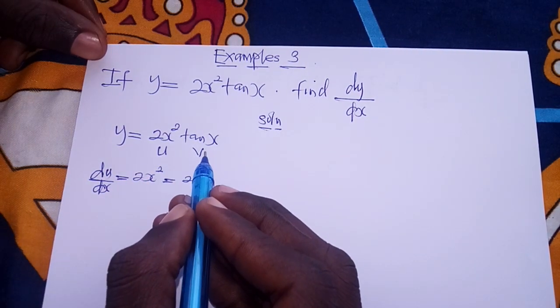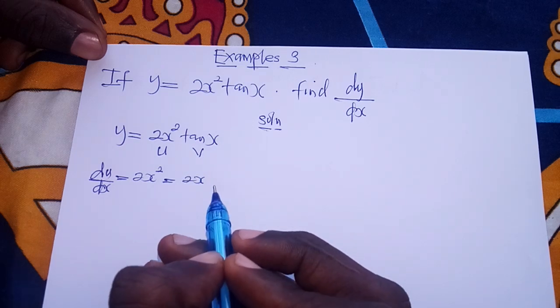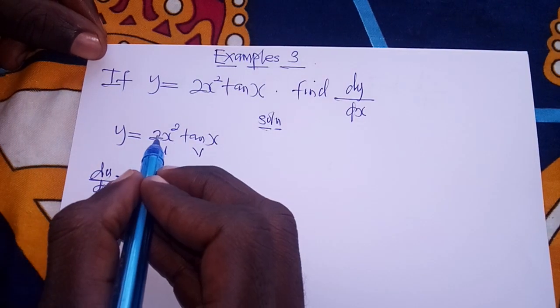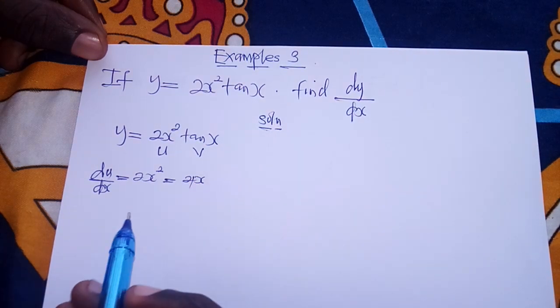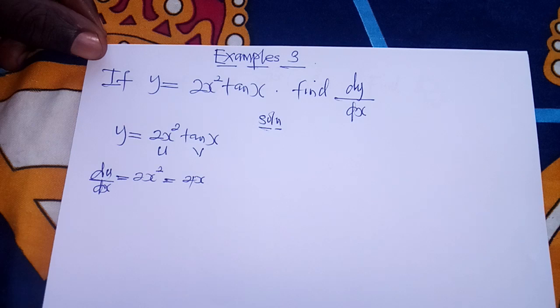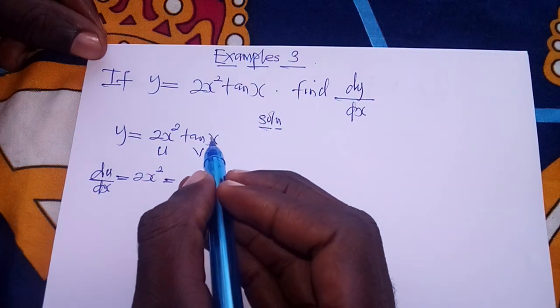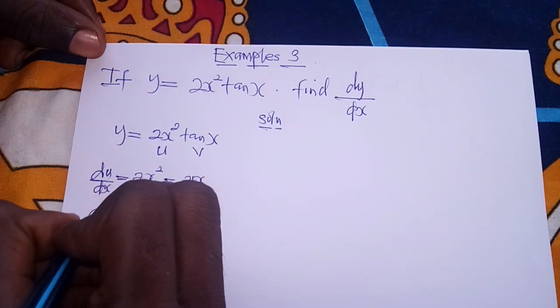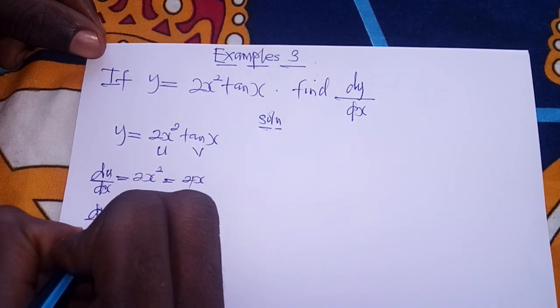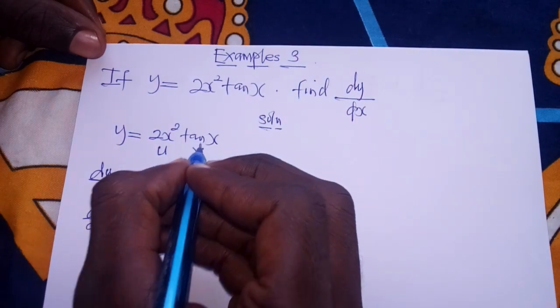Let's also differentiate v. This becomes 4 because you multiply 2 times 2, giving you 4x. Then the next step, let's differentiate tan x. That is v. We say dv upon dx equals differentiating tan.